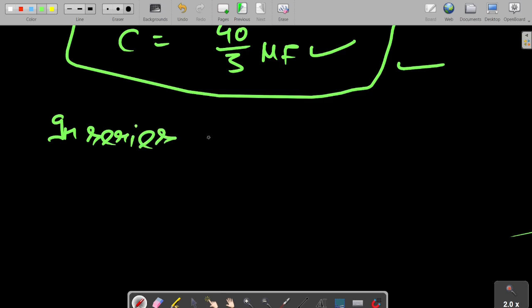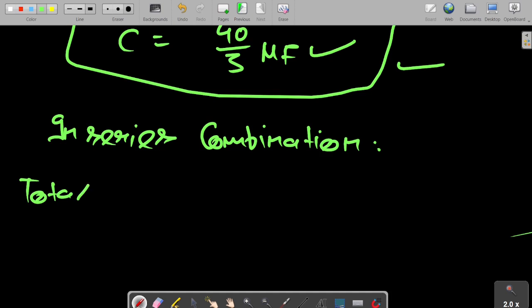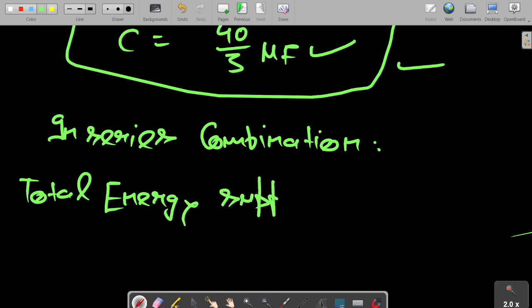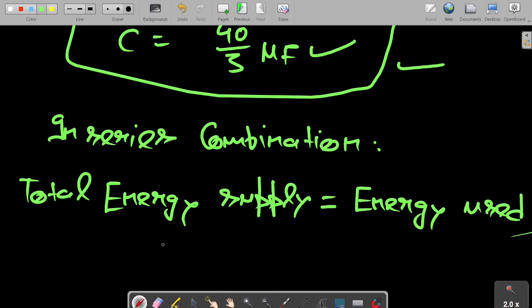In series combination, the total energy supplied is equal to the energy used by the individual components.